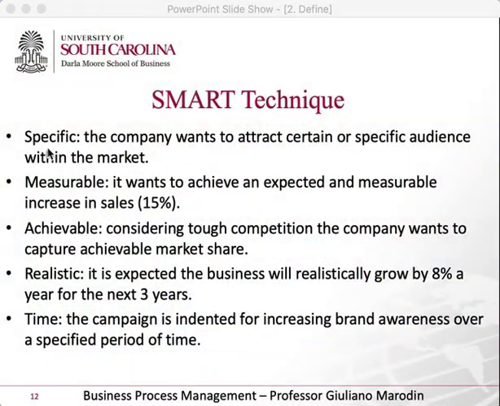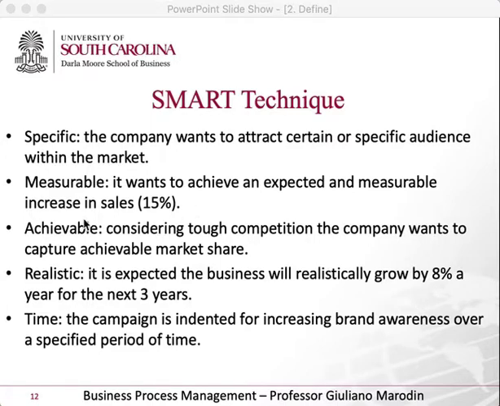So we need to look if it's SMART. Okay, so SMART is specific, measurable, achievable, realistic, and time-wise, right? So specific: exactly what kind of audience, exactly what are you going to try to do. Measurable means that it's 10%, 10 days, 15. What exactly? Where do you want to go?